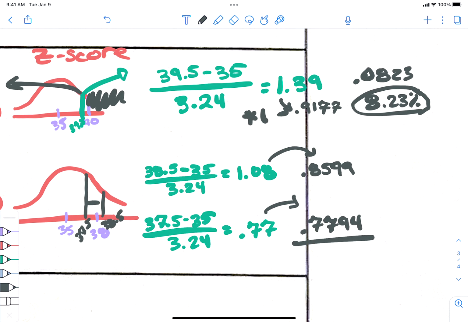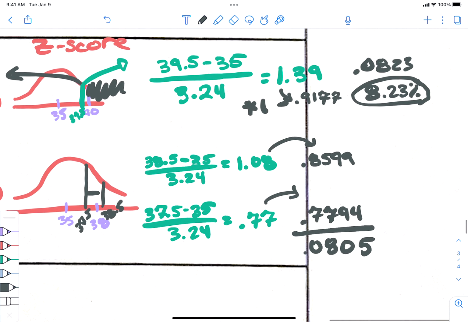That gives 0.0805. What does that mean? We have an 8% chance of having exactly 38 students pass out of 50, which is kind of likely, right?